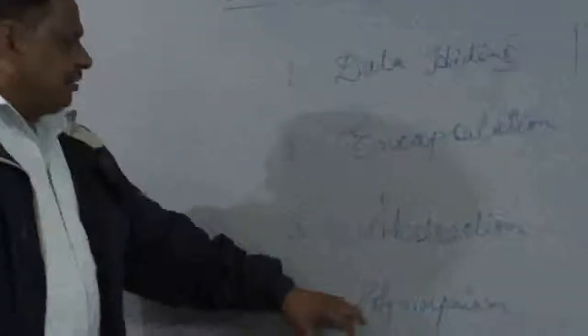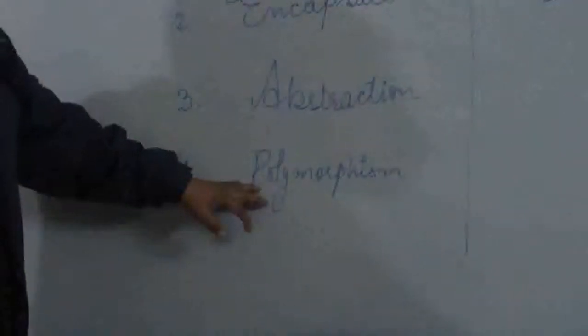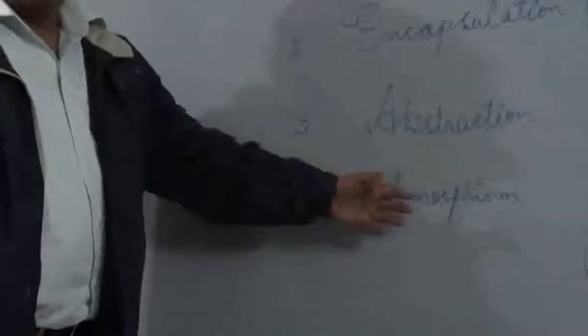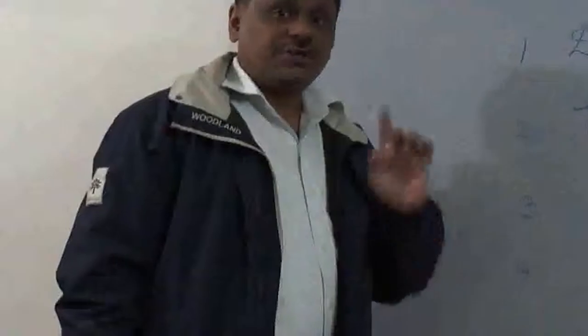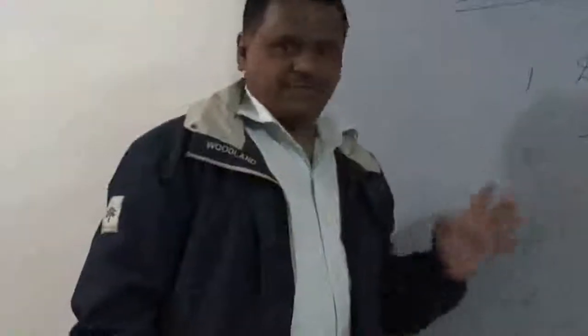Now we come to another very important feature of object-oriented programming, and that is polymorphism. As you know, poly means many, morphs means forms or shapes. When one particular thing has many forms and can be used in different contexts, that is called polymorphism.